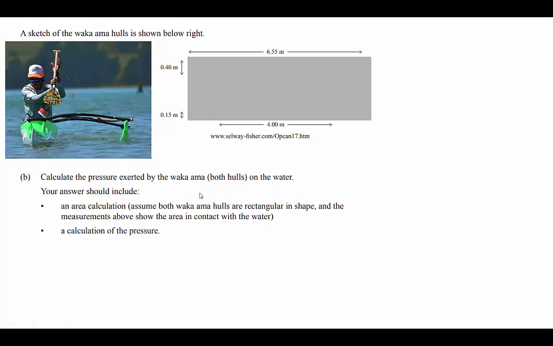Okay, so in part B, we're asked to calculate the pressure exerted by the Walker armour on the water. So we're assuming that the hulls are rectangular in shape, one with a length of 6.55 meters and a width of 0.4 meters, and the extra little part is 4 meters in length with 0.15 width or depth.